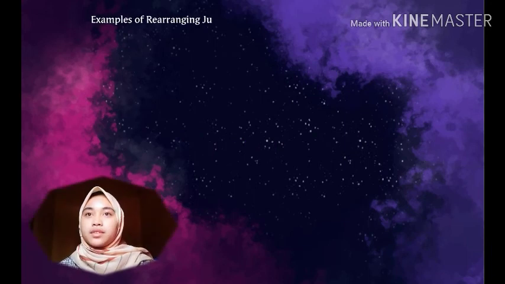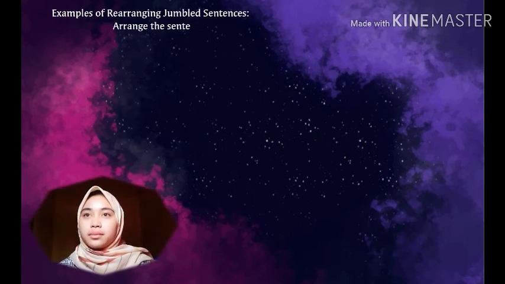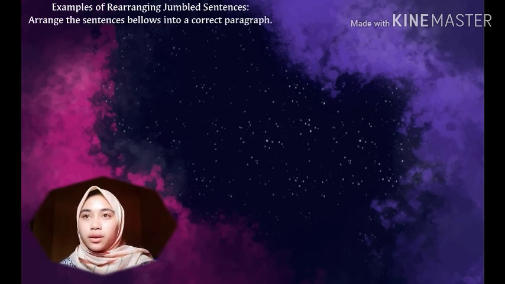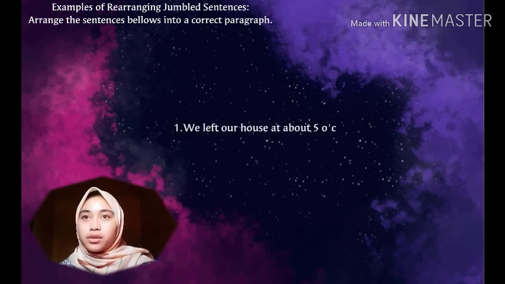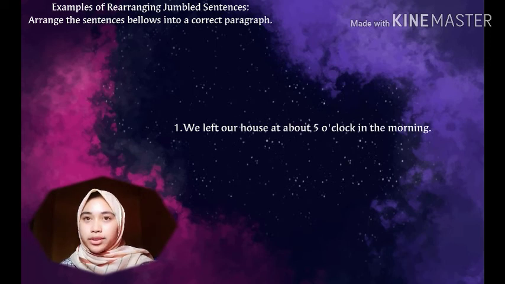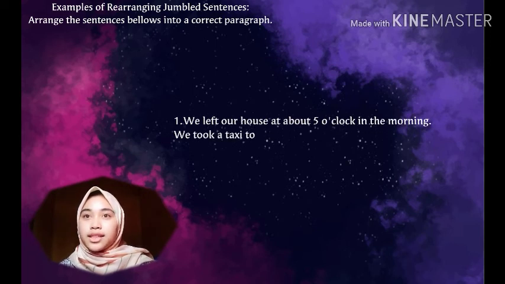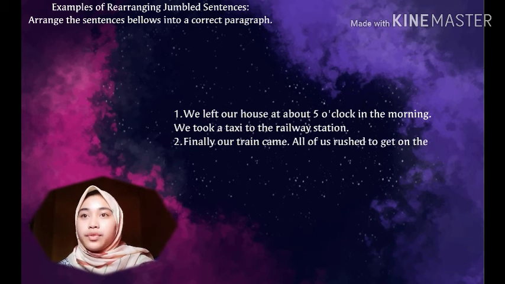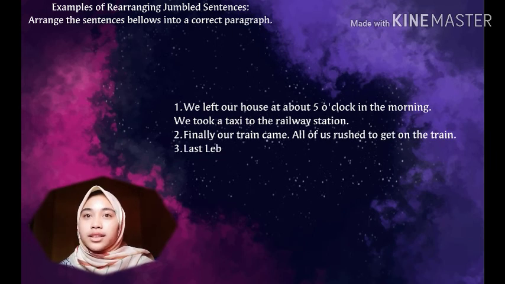Example of arranging sentences. Arrange the sentences below into a correct paragraph. 1. We left our house at about 5 o'clock in the morning. We took a taxi to the railway station. 2. Finally, our train came. All of us raced to get on the train. 3.